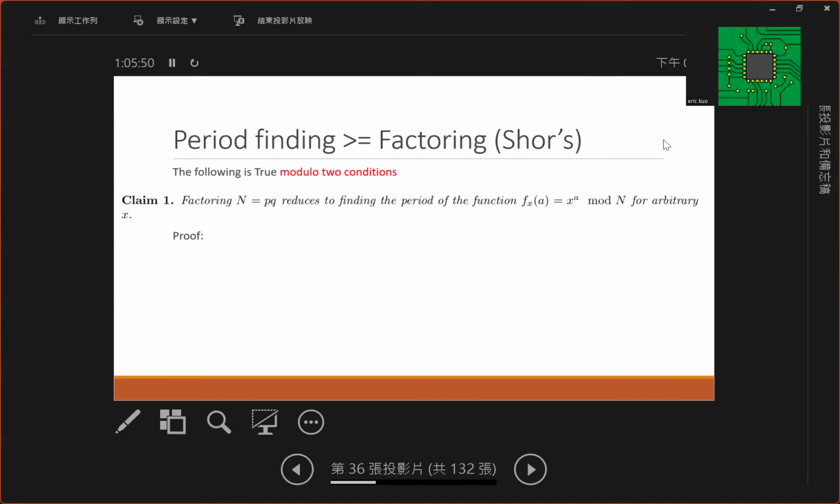If n can be written as p times q, then phi of n is (p minus 1) times (q minus 1). Suppose I know n and phi of n, then I have two equations, so I can solve a quadratic equation in p. So knowing phi of n is the same as factoring.